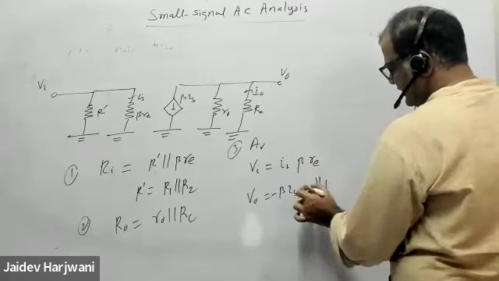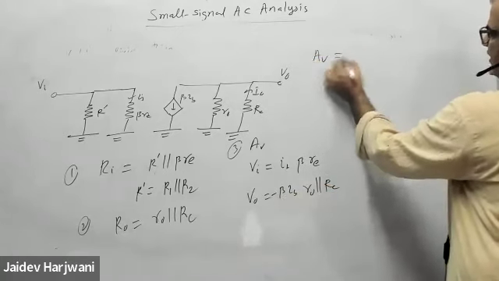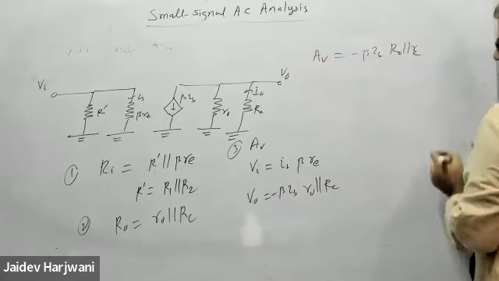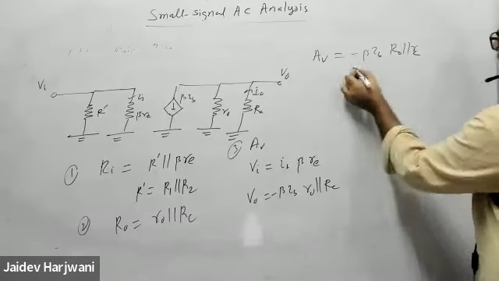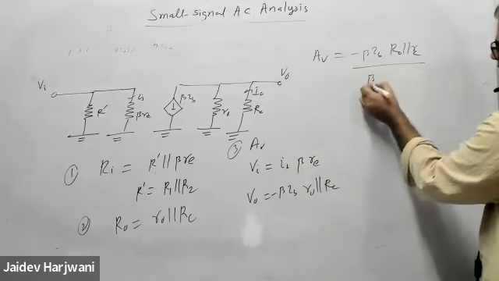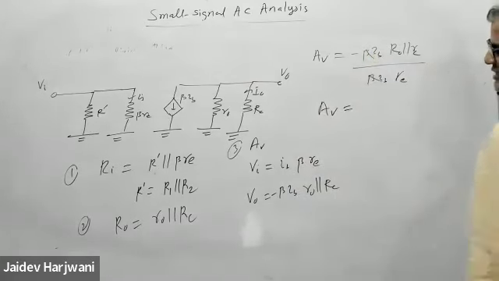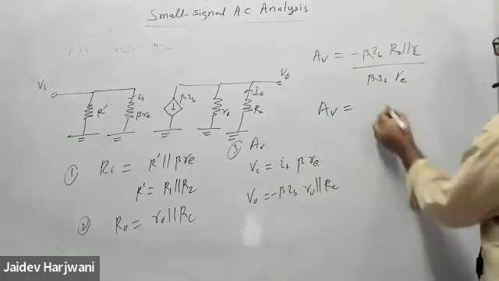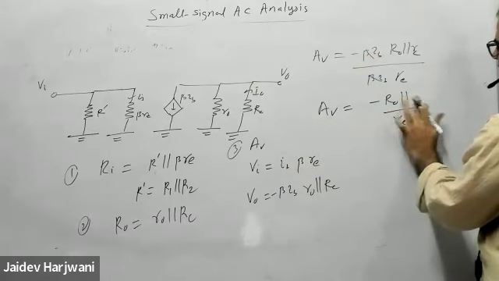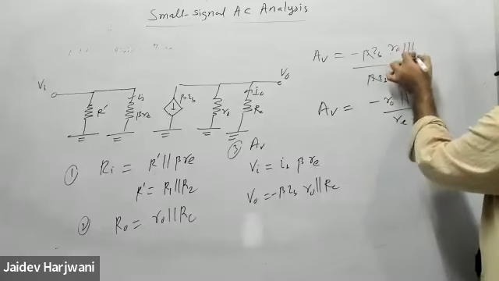So the gain formula becomes, again the same, minus beta IB R naught parallel to RC, divided by IB beta RE. IB beta cancels out. So the gain formula is not changing with this R dash. Input resistance is not coming. So minus R naught RC upon RE.